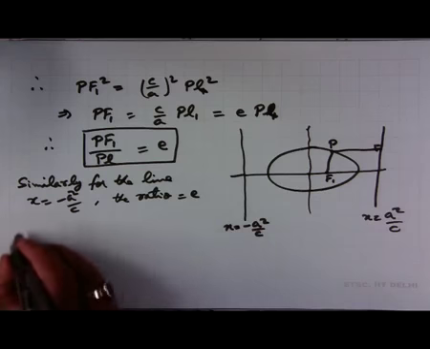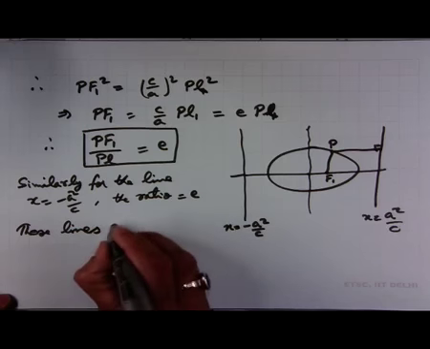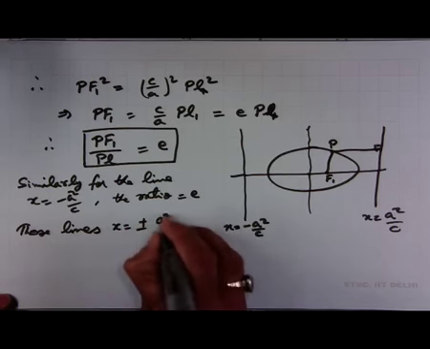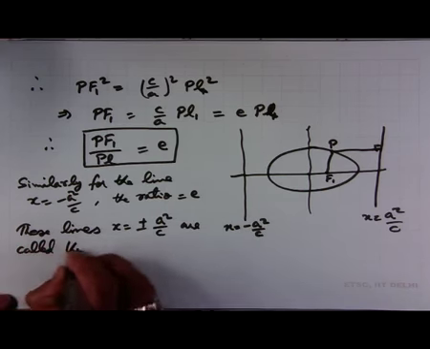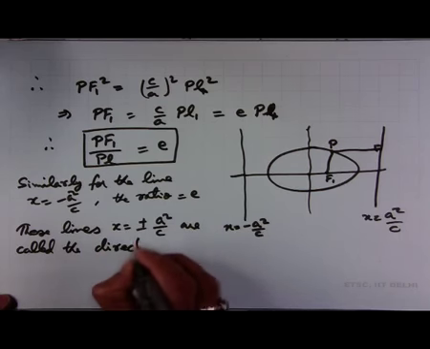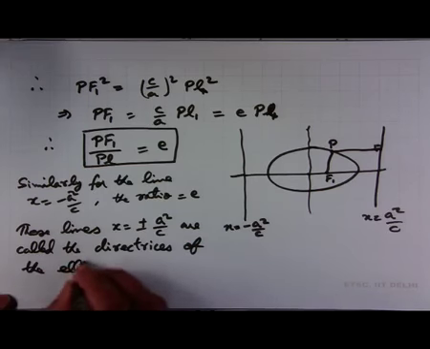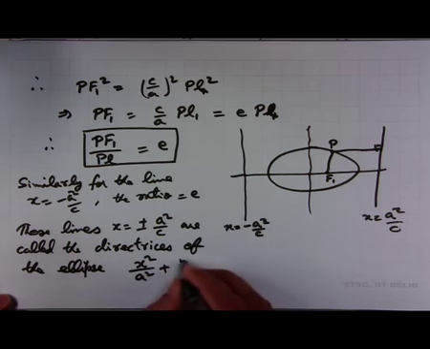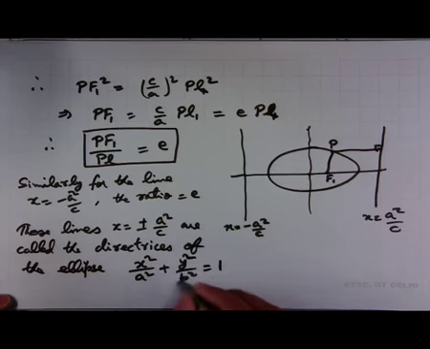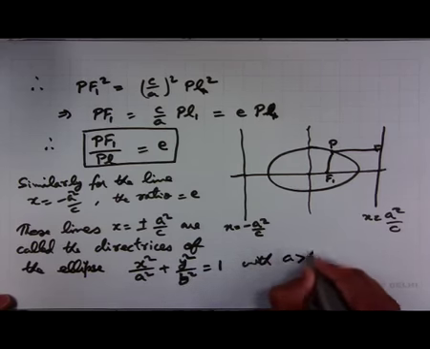So, thus these lines x equal to plus minus a square by c are called the directrices of the ellipse x square by a square plus y square by b square equal to 1, with a greater than b.